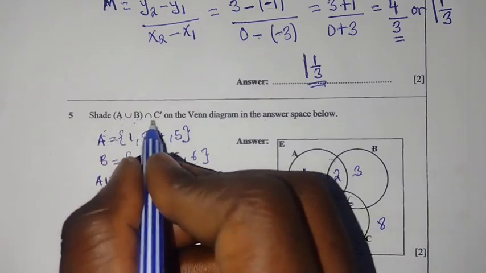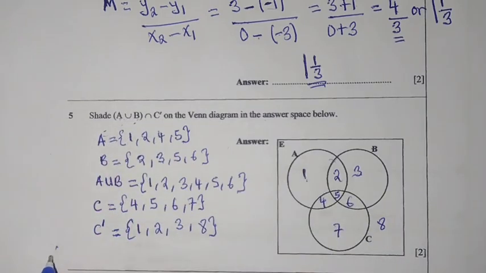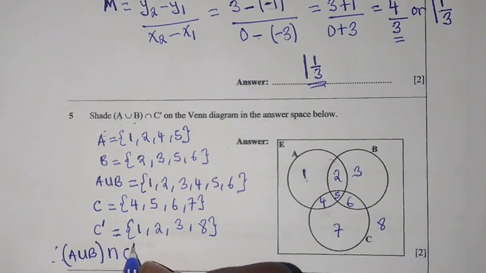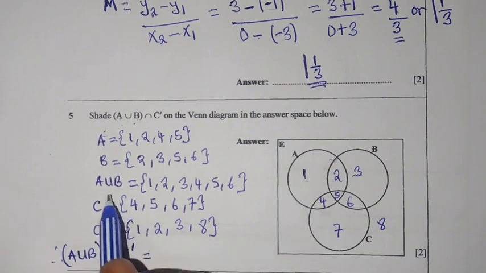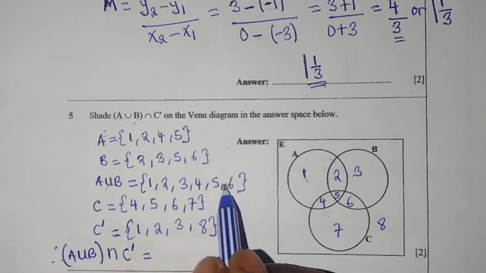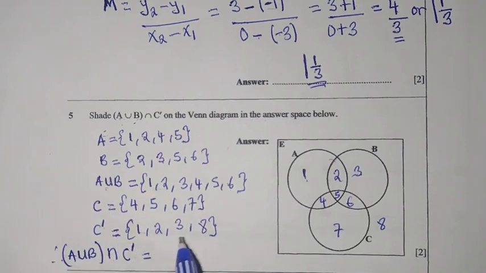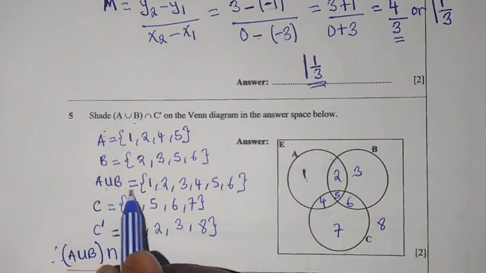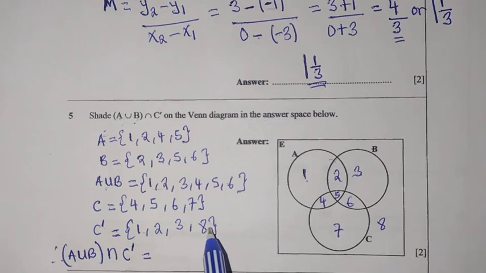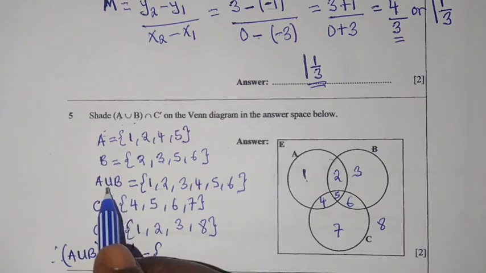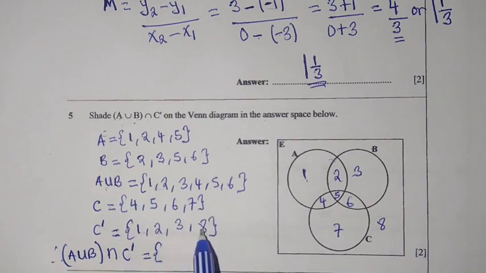Then we answer what you have been given. We say therefore A union B in brackets, then they said intersection C complement. So A union B is this, then C complement is this. So we now find the intersection of A union B and C complement. Intersection means elements that are found in both A union B and C complement. We have a 1, there is a 1 here.